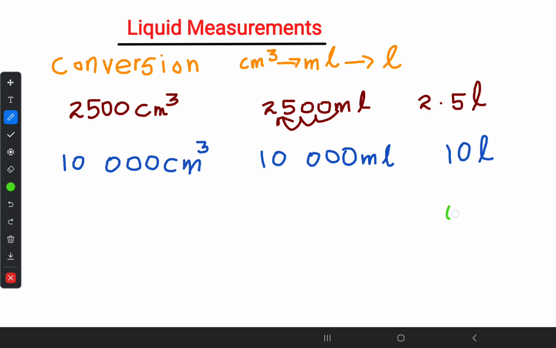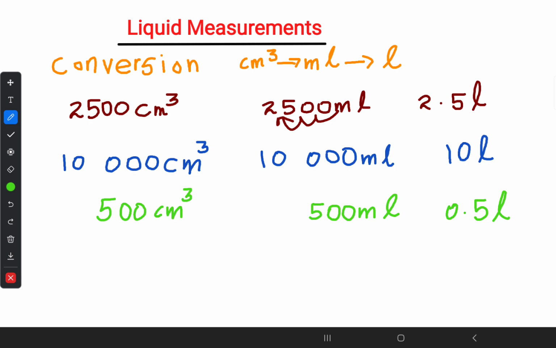Then here I'll give you 0.5 liters. 1 liter equals 1000 milliliters, so 0.5 liter means half of it. It would be 500 milliliters. In cubic centimeters, it is exactly 500 cubic centimeters.